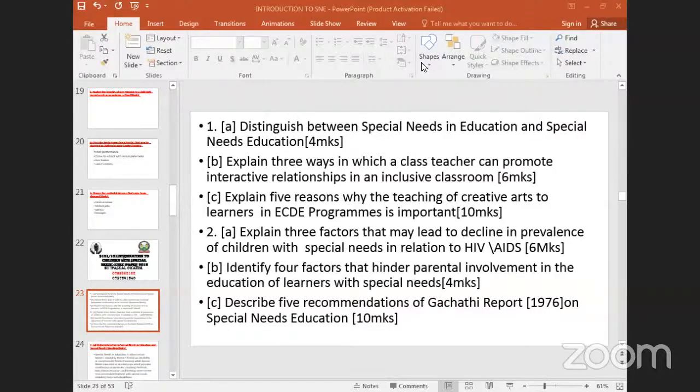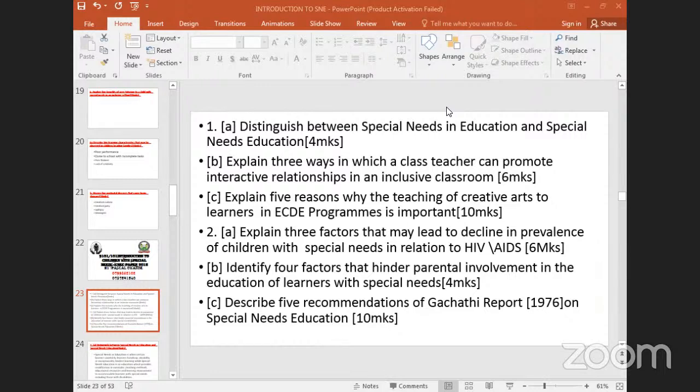He recommended one, that you should enable children with disabilities to possess basic literacy equipment. That's one. Number 2, integrating equipment grant in the regular school system for integrated learners. Number 3, integrating special equipment grant in regular school for early educational intervention.